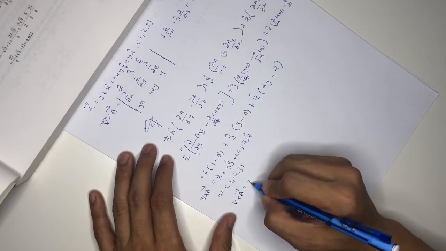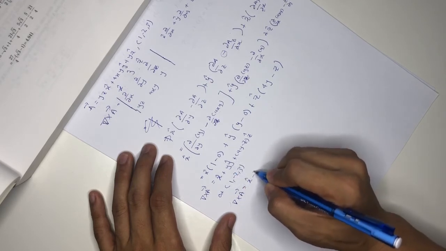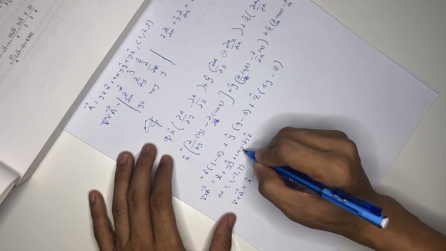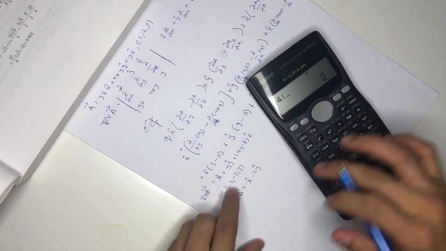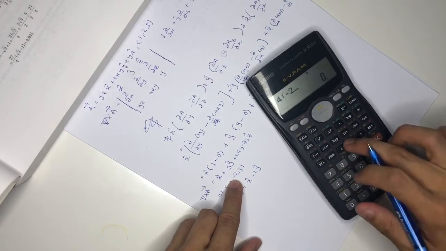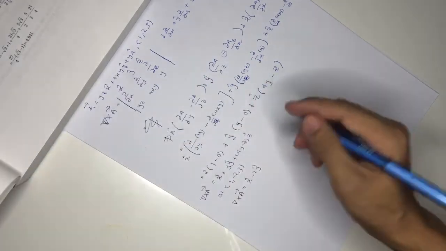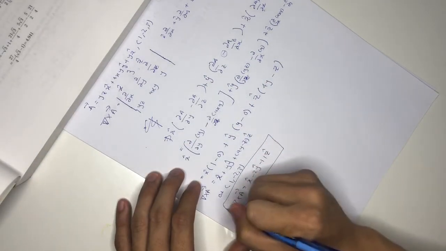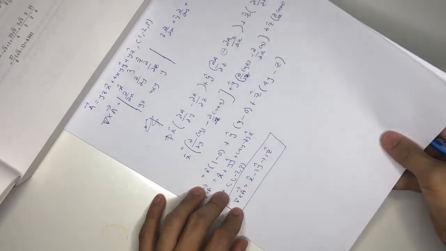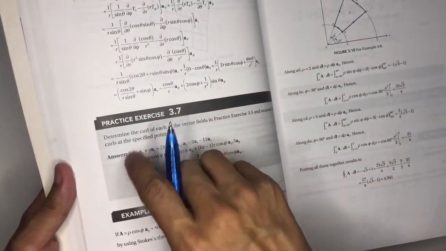For y you have -2, and for 4y minus z, y is -2 and z is 3, so you get -11. So this is the del cross A at the point.